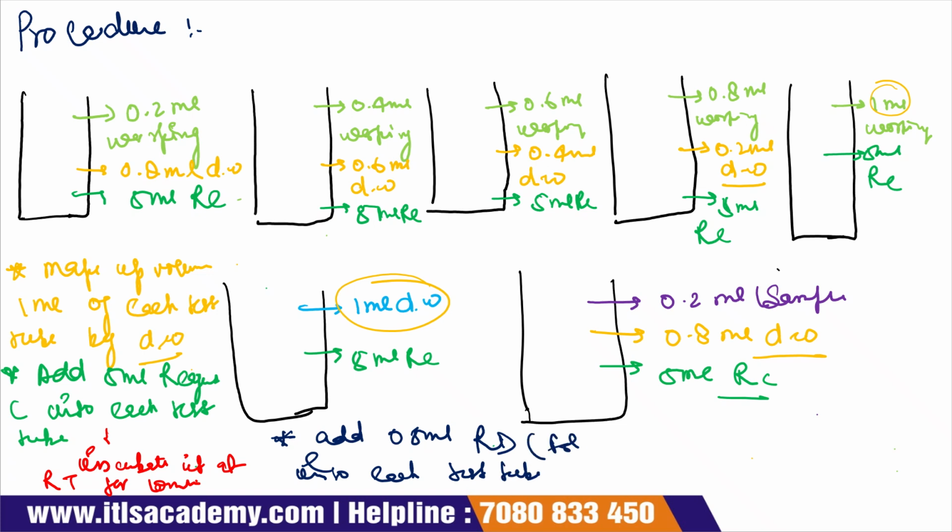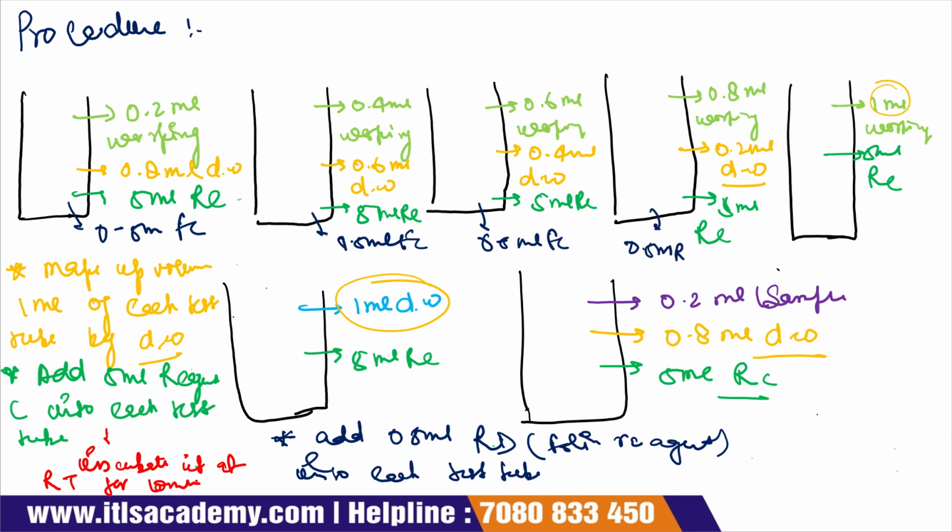Reagent D means the Folin reagent. So add 0.5 ml Folin reagent to each of the seven test tubes.